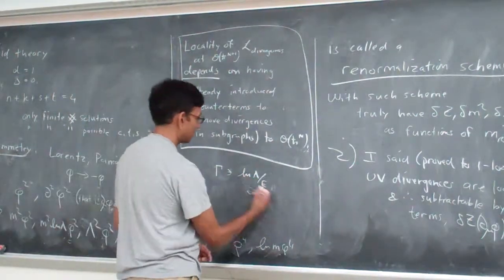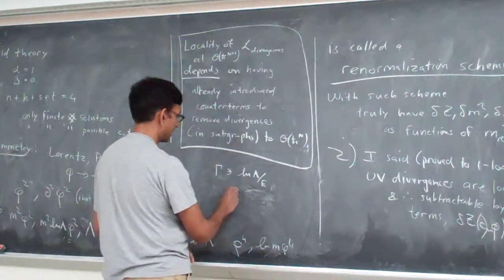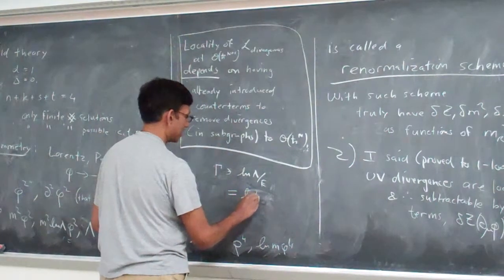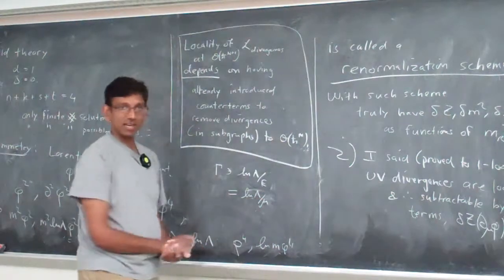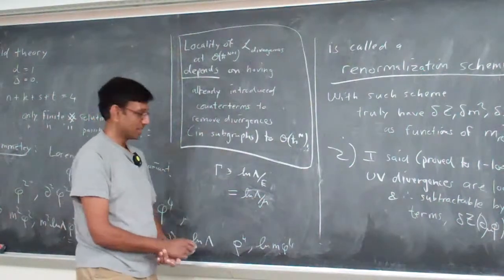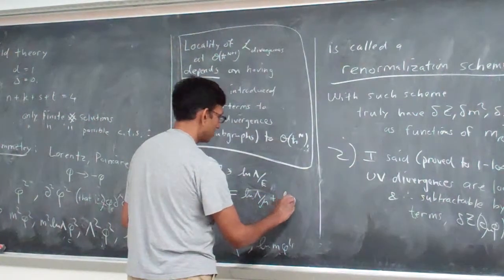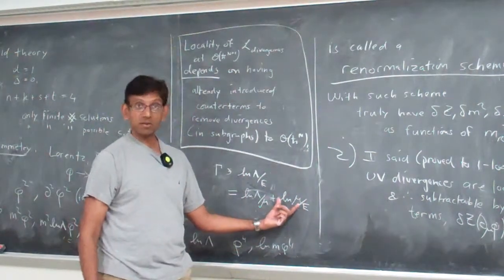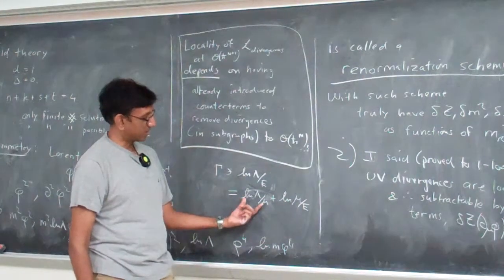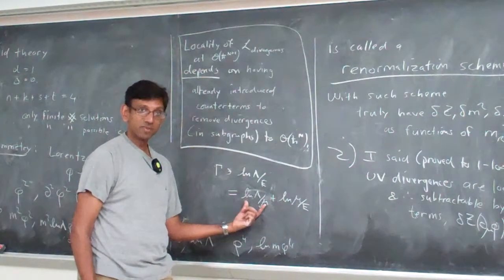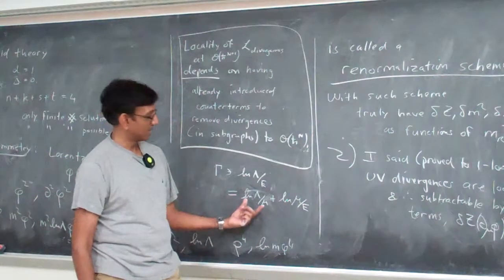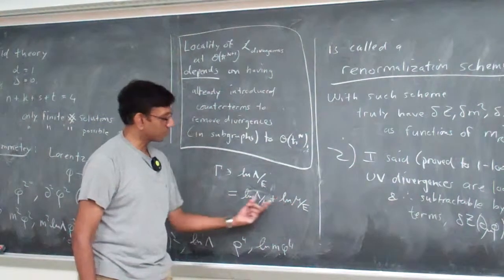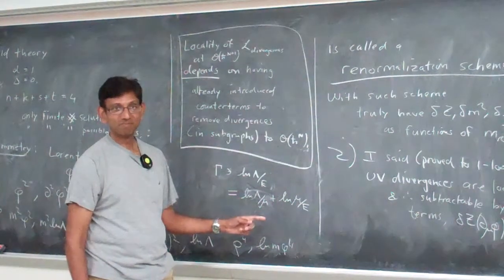So to make this absolutely clear, we can write this as log lambda over your favorite mass scale, choose one out of the hat, plus log mu over E. This is something finite but non-local. This is something local but not finite. But neither of them includes m, which was your question.